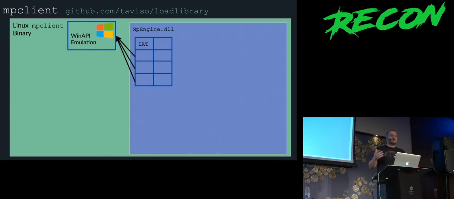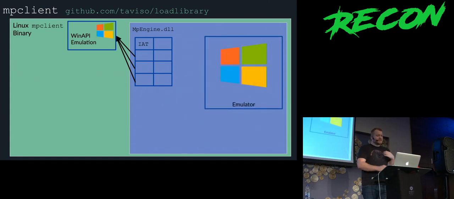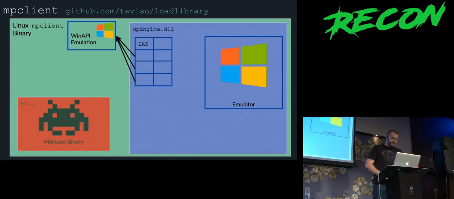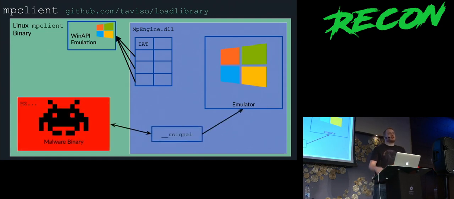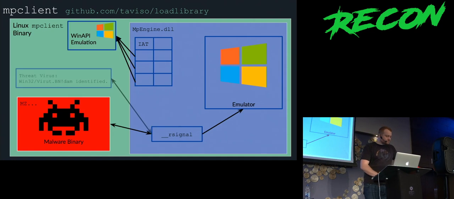So a function like CreateFile gets shimmed out to fopen, WriteFile to fwrite, and so forth. Inside this engine, you have the emulator. On the outside, we have a malware binary. Then we call this function, rsignal, that passes this buffer of data to be scanned into the emulator, and the emulator comes back with a determination of what the malware was.